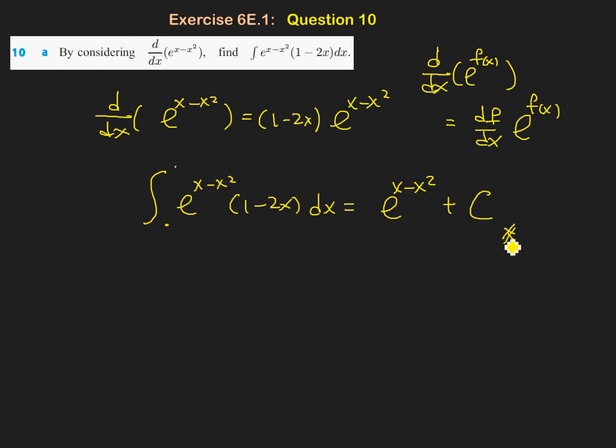And just in case you don't see this, I just switch the position of this 1 minus 2x, and that's why when we integrate this, we'll get this expression, this function, plus c. And remember the c, you must always put the c after integration.